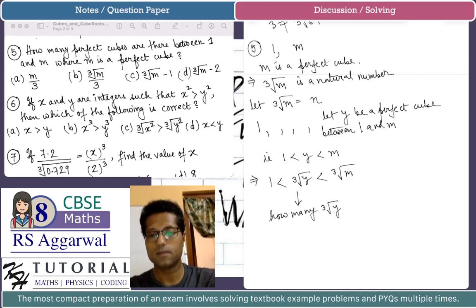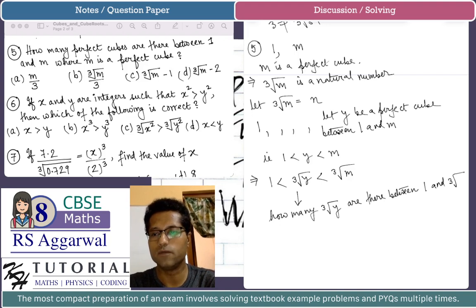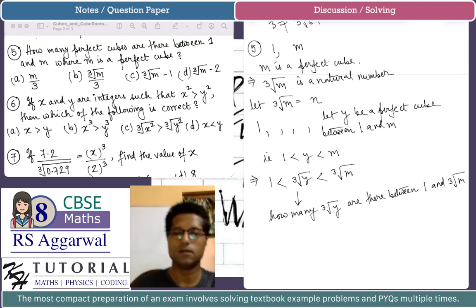How many cube roots of y are there between 1 and cube root of m? Cube root of m is a natural number.